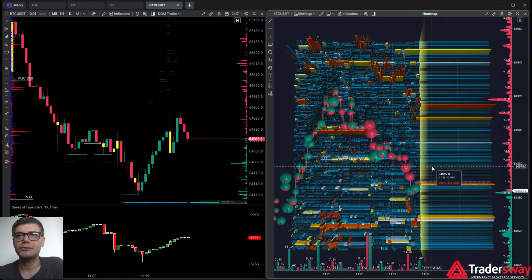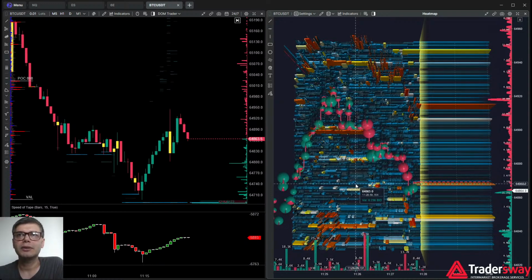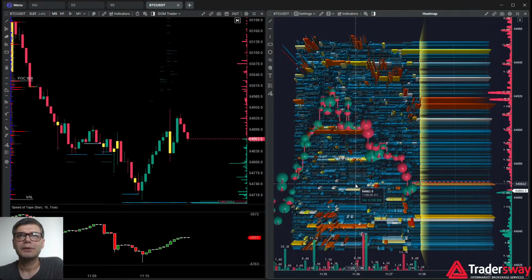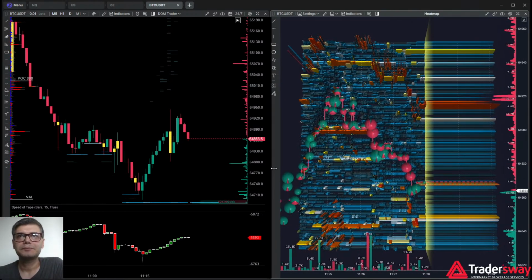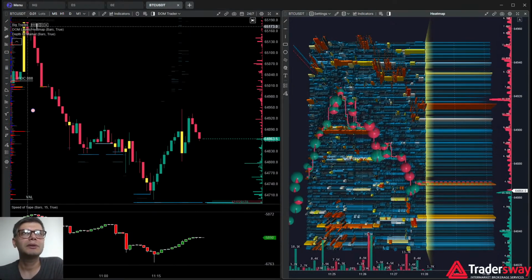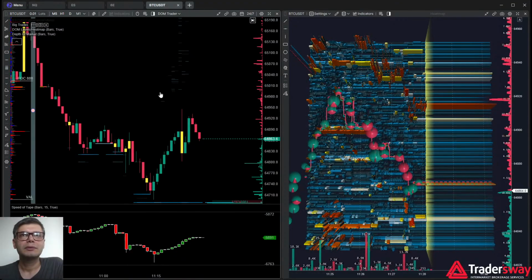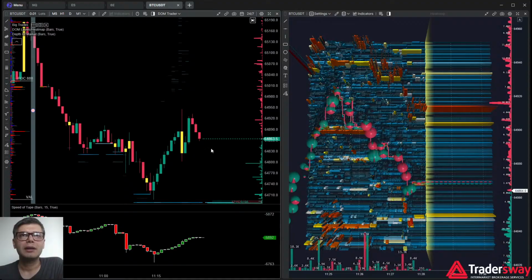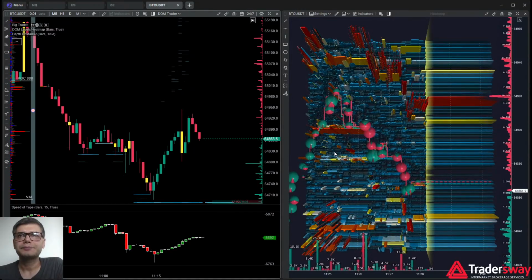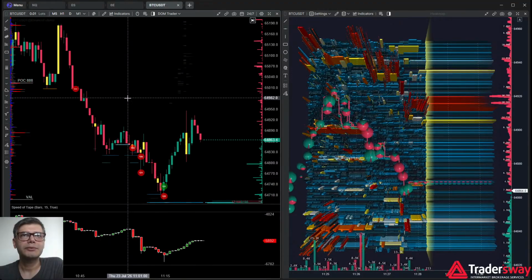Some of them are real, some of them are super fake. It's very hard to rely on a heat map. It never worked for me. That's why I do price action, and I'd rather have big trades than heat map. So I prefer big trades.